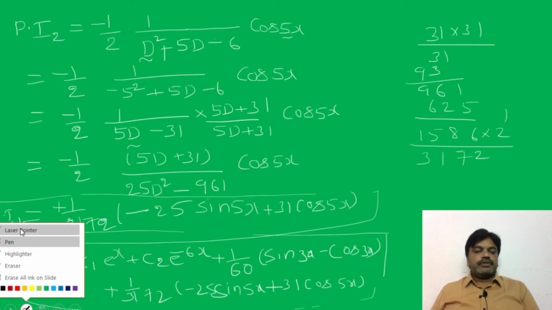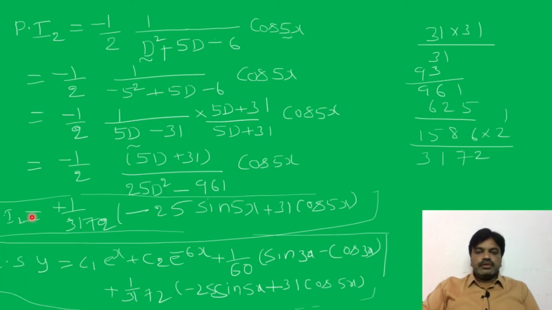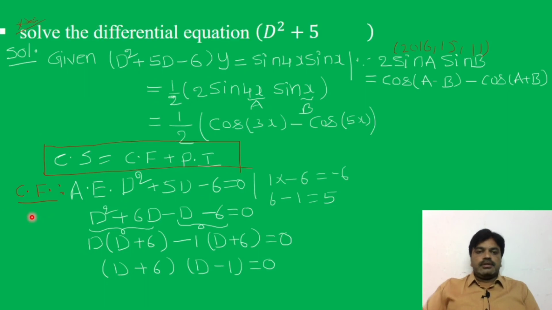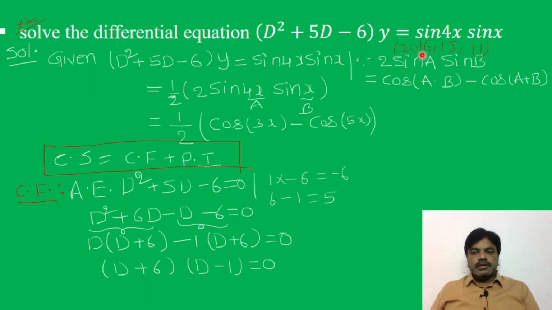Once again, friends, this is a very important problem, because it is a previous year question, it came in 2016, 2015 and 2011. So what is our observation mainly here?